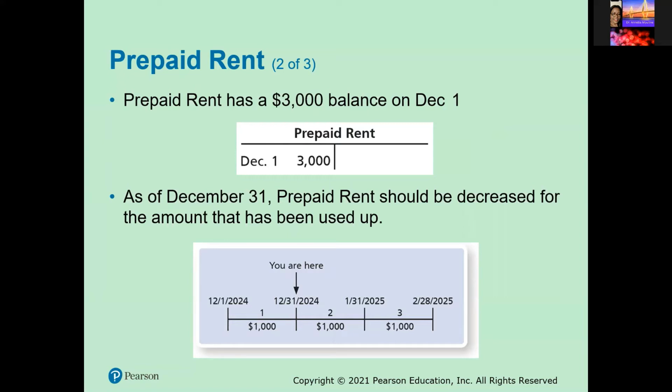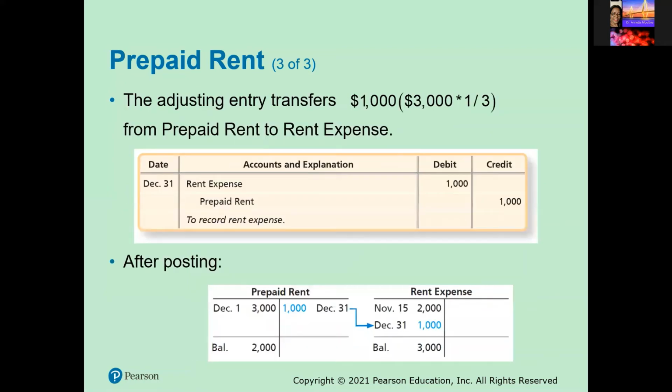As of December 31st, prepaid rent should be decreased for the amount that has been used up. Recall that an asset that has expired is an expense. So the adjusting entry transfers $1,000 from prepaid rent to rent expense.